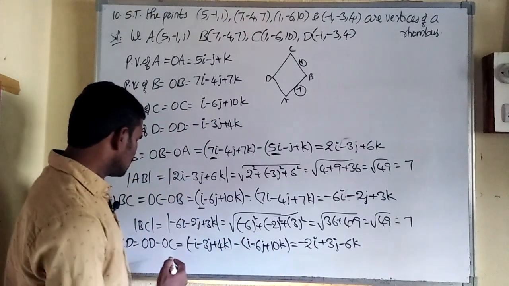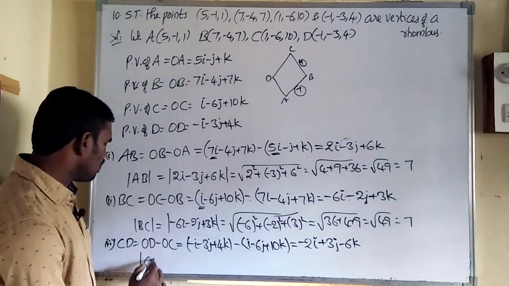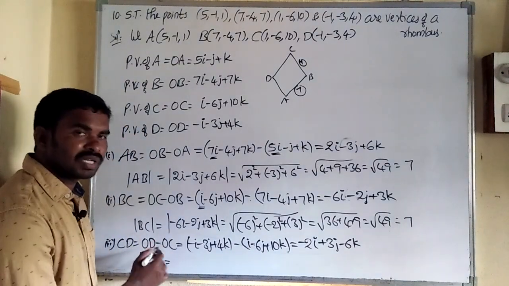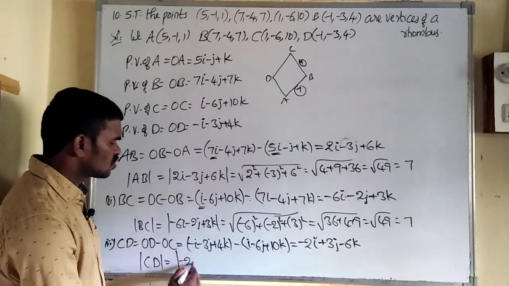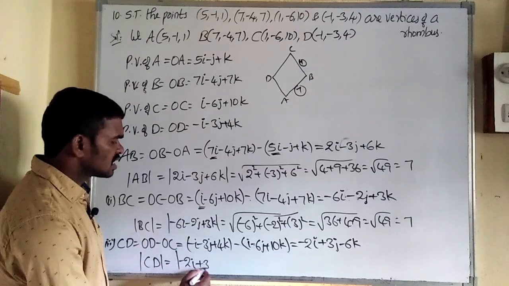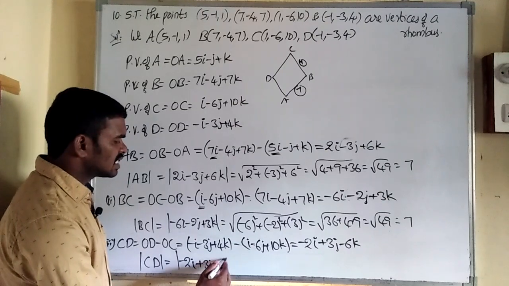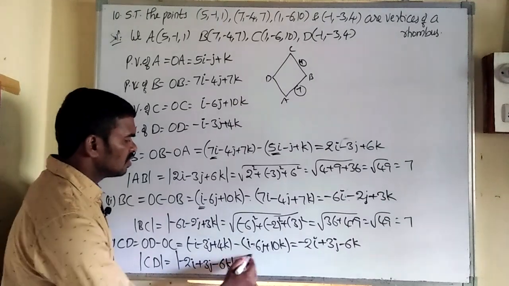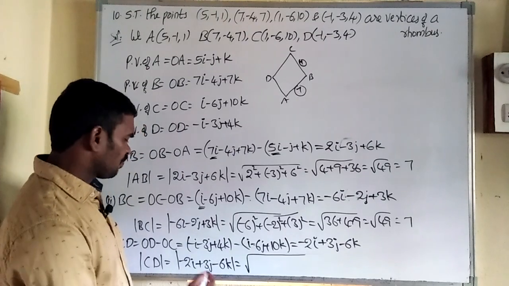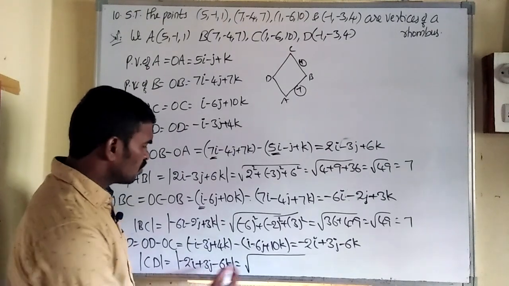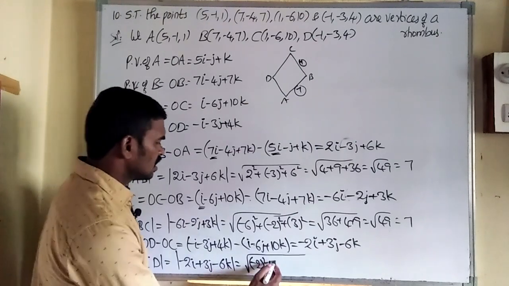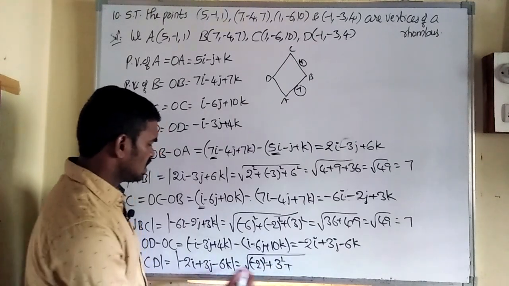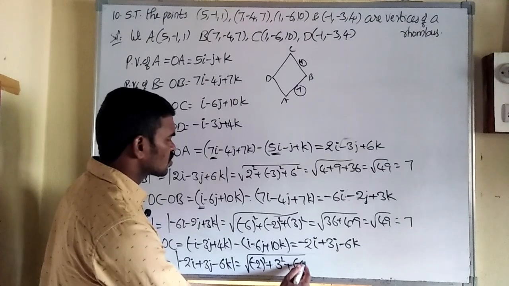So this is CD. Immediately find the magnitude of CD, the length of CD, which is the modulus of minus 2i plus 3j minus 6k, equal to the square root of minus 2 whole square plus 3 square plus minus 6 whole square.